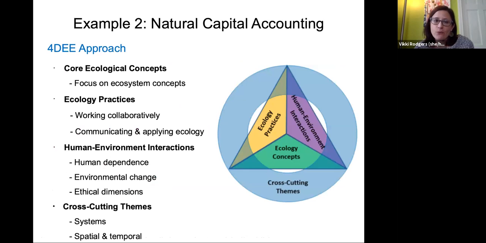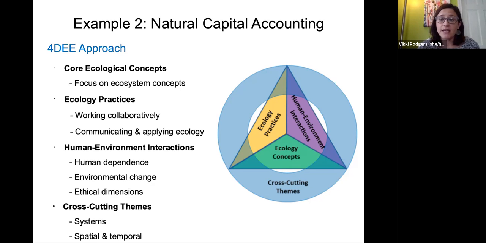And so taking the 4DEE approach, I've just pulled out a couple pieces here for how I designed this. You know, it really is focusing on the ecosystem level concepts for the core concepts. The ecological practices that I'm addressing here are sort of working collaboratively. This is a group project, and then being able to communicate and apply their ecology in what is their final deliverable, which is a presentation.